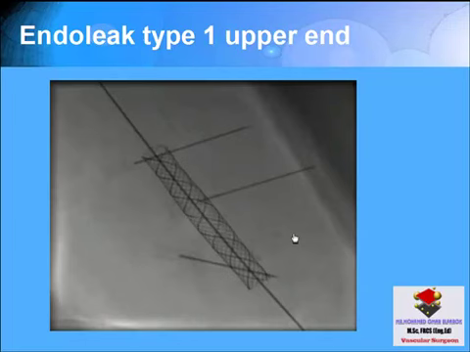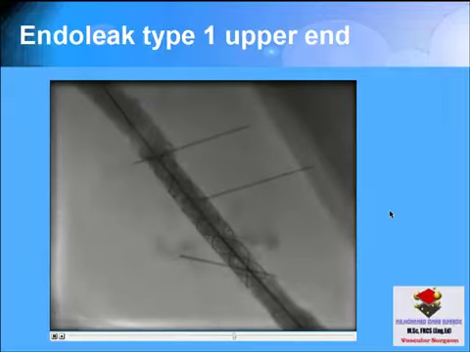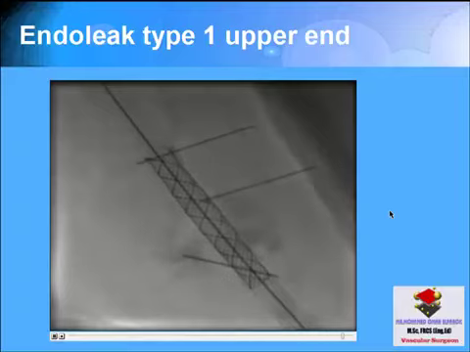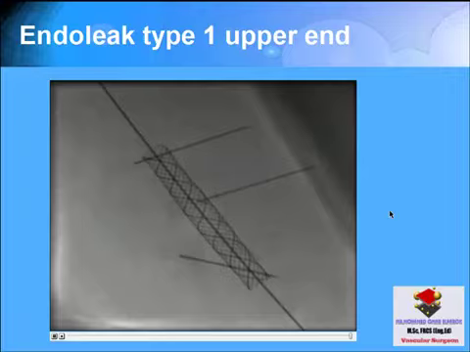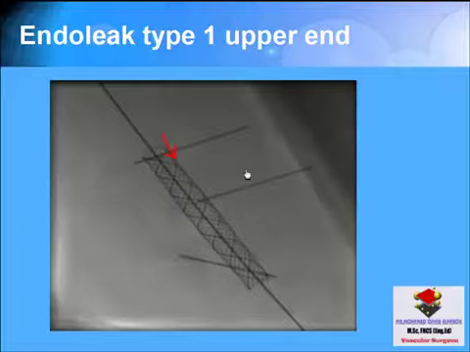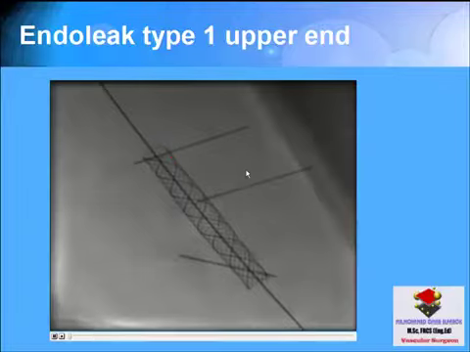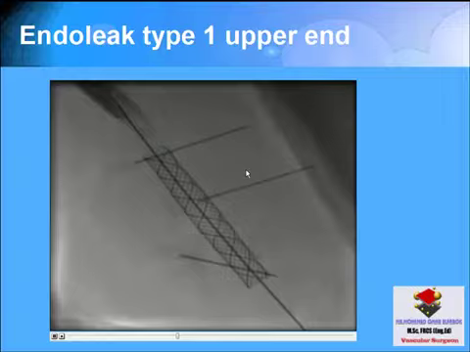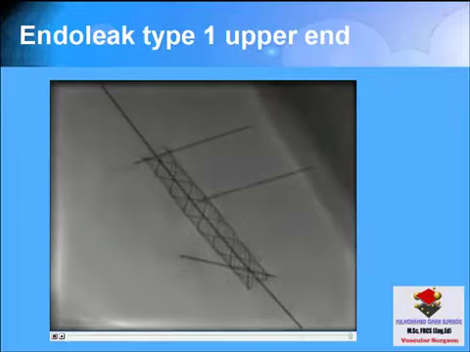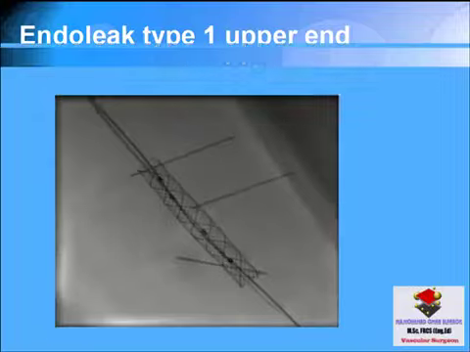Then we had another injection to make sure how things are going, and you can see here a definite endoleak type 1 from the upper end, which is very obvious. You can see a small channel there, which is supplying the endoleak. So we said we're going to redilate it, and because we didn't have a 10 or 11 millimeter balloon, we said fine, we're going to use two balloons.